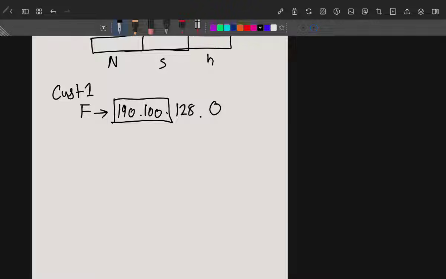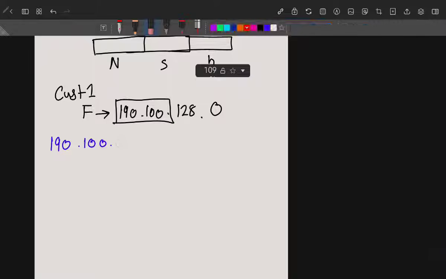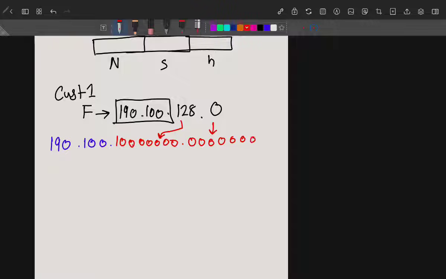So if you convert the rest to binary, you would be getting 190.100.12, let's maybe have this 1, 2, 3, 4, 5, 6, 7, 8. Now convert the rest of the zeros. So 128 to binary, this is the number. Now the zeros convert, so 1, 2, 3, 4, 5, 6, 7, 8.